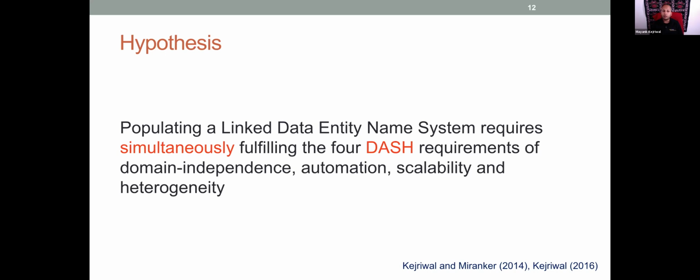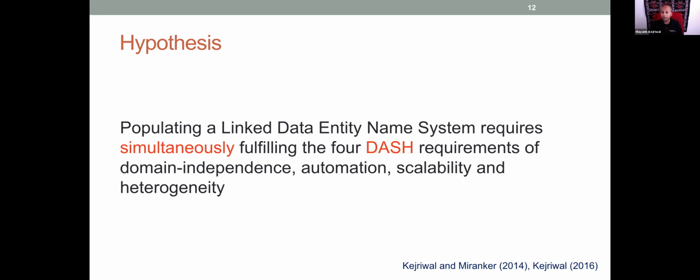And there are very real trade-offs. If you want to deal with automation and with domain independence, scalability might be a problem because many of these automated systems are very complex. They have complex optimization functions. They have to iterate a lot. And how do we do that if we're trying to scale? Like, can we do this in a MapReduce architecture or a Spark architecture when we're dealing with many millions of nodes, right?